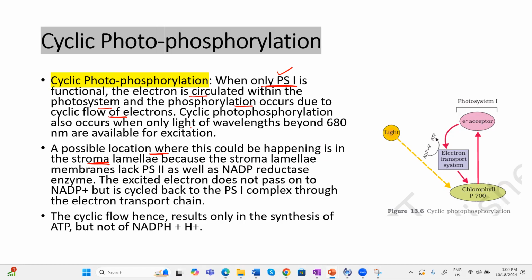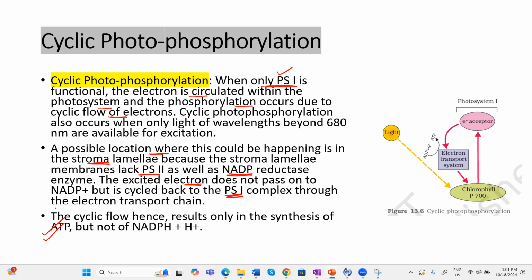Please see the previous video to see what the appressed region of grana is and what is non-appressed. So stroma lamella is non-appressed, so it does not have PS2 and it does not have NADP reductase. So the electron is not able to go to NADP plus, it comes back to PS1. So it results only in the synthesis of ATP and not NADPH.